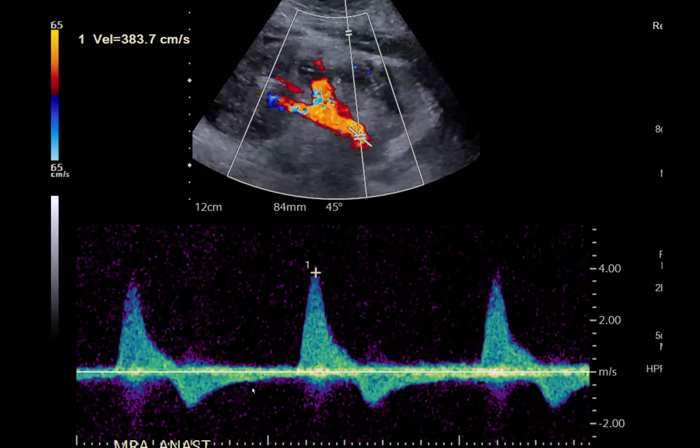One of the classic ones is perinephric hematoma post-transplant, also known as page kidney. It can also be because of renal vein thrombosis. So that's why when Dr. Tan showed the case, I was asking, does that patient have reversed diastolic flow? This patient had a perinephric hematoma.